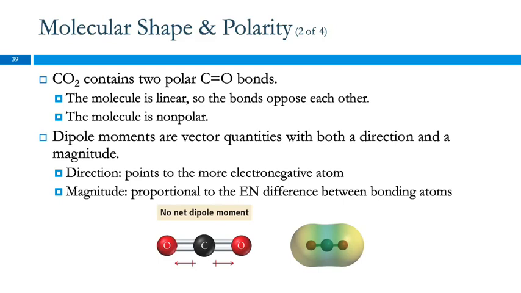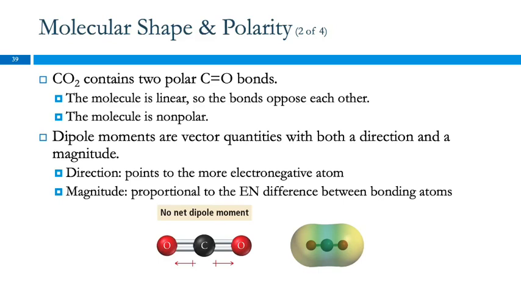Yeah. And so dipole moments are vector quantities. If you're a math type person, remember what a vector is. A vector is something that has magnitude. It has size, but it also has direction. So we often represent them as arrows. So dipole moments have directions and magnitudes. And so if the magnitudes are equal but going in opposite directions, they cancel each other out.